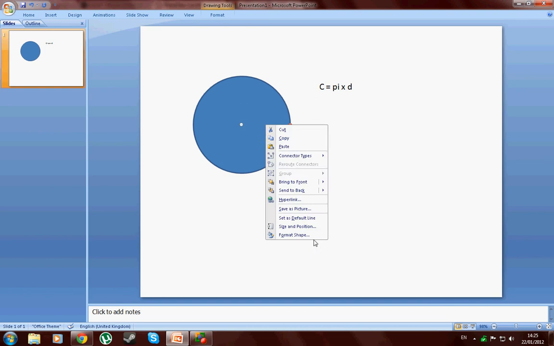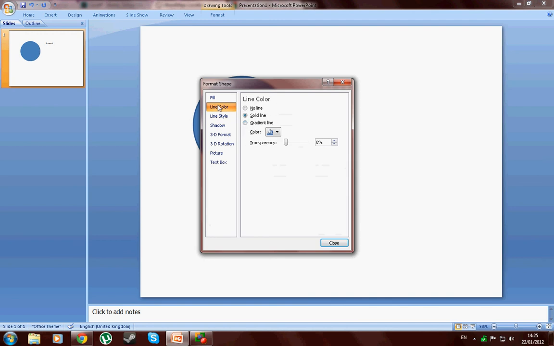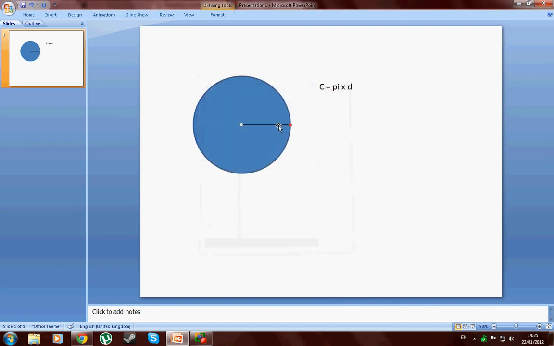Radius is the distance from the center of the circle out to the edge. Imagine a radar screen in an airport, or the arm on a clock, that's the radius. The radius is half the diameter.